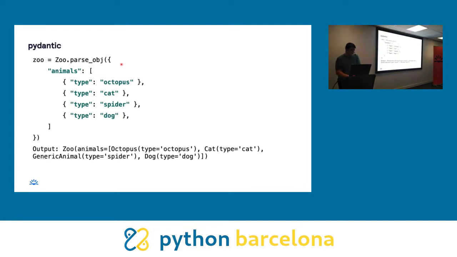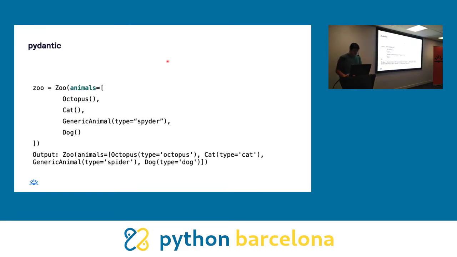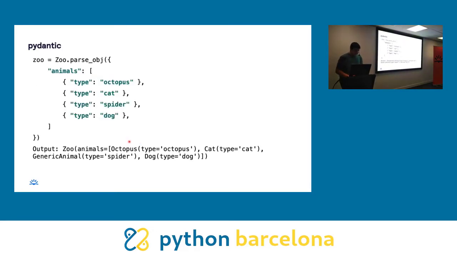With parse object, we pass the property animals, and we set a list of dictionaries. Each dictionary has the property type, and we define the same order as before. And we can see that Pydantic automatically creates octopus, cat, generic animal, and dog instances.